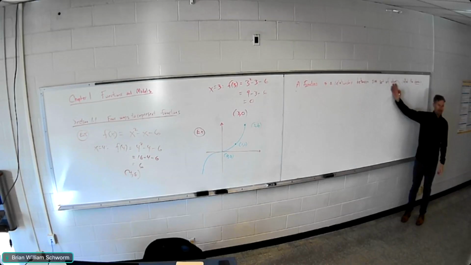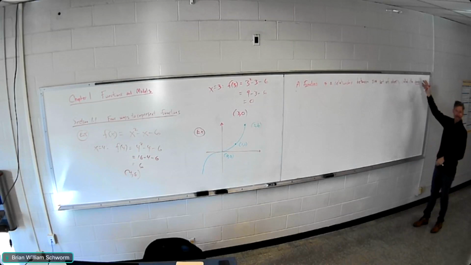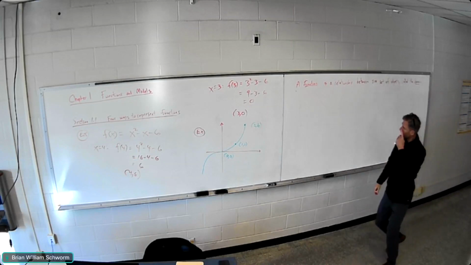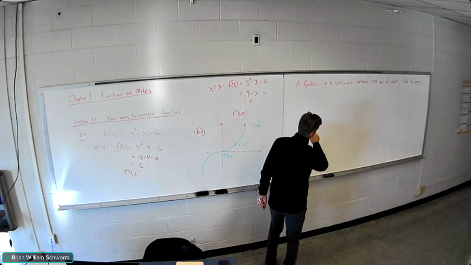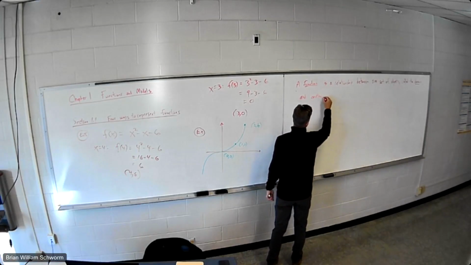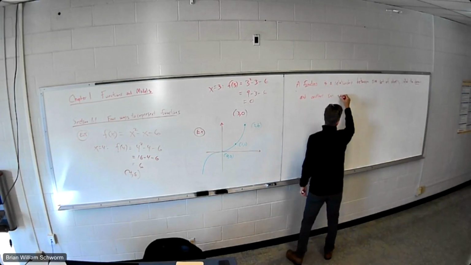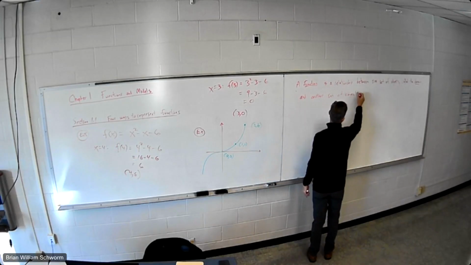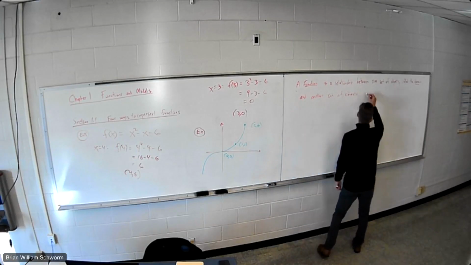So it says we got this group of numbers, and those numbers are called the domain, and then they're related to another group of numbers. And another set of objects, the numbers of the range.